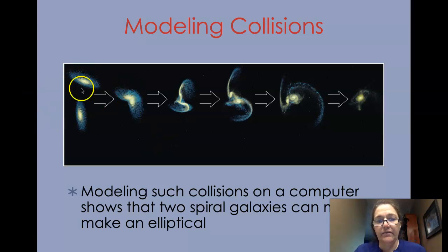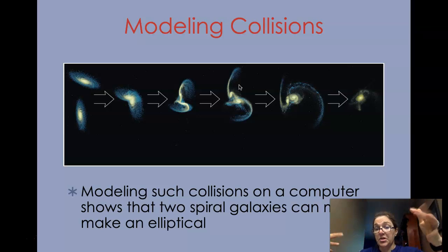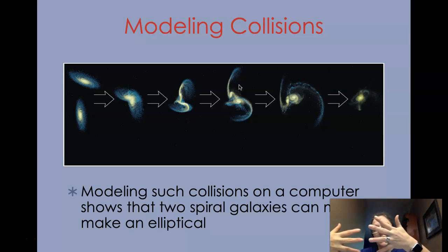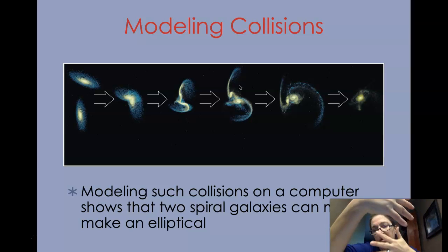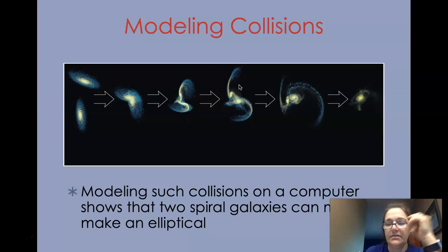Instead, you will have two spiral galaxies that collide, and for a while it's a complete and utter mess, because they don't just collide and everything's done. The stars don't hit each other, they pass by each other, and so the galaxies will collide and swing around and come back together and swing around and swing around until they finally settle into an elliptical galaxy. You'll understand what that means next week.